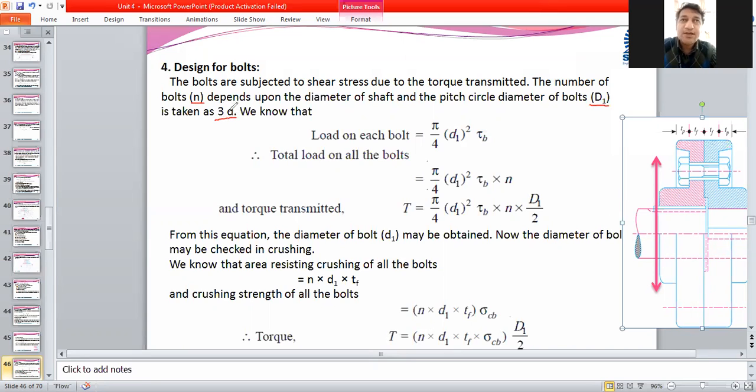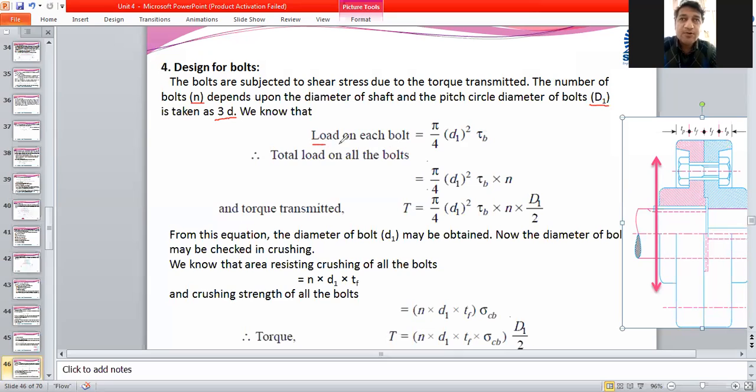This is the proportional dimension which we have seen in the previous lecture, that D1 is taken as 3 times the diameter of the shaft, and we can check whether these particular dimensions which we have selected are able to sustain the stress which will get induced in them.